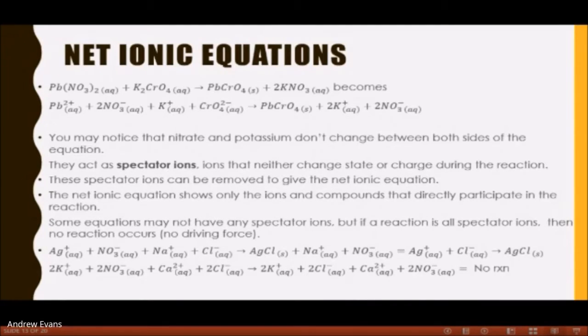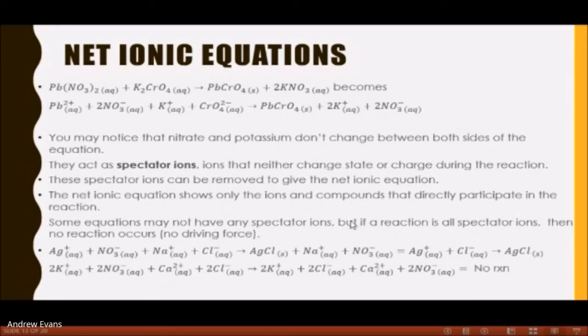Some equations will have no spectator ions because maybe everything gets involved. But some reactions may have all spectator ions, and that's the tricky thing. Whenever there's a situation where there's all spectator ions, we essentially say no reaction actually forms.